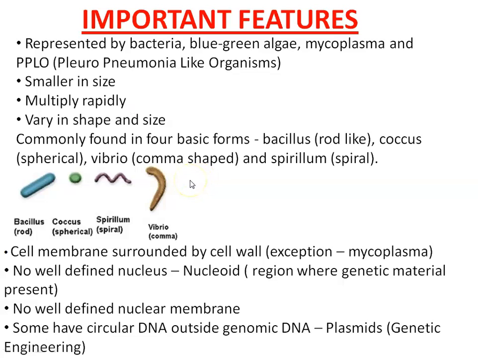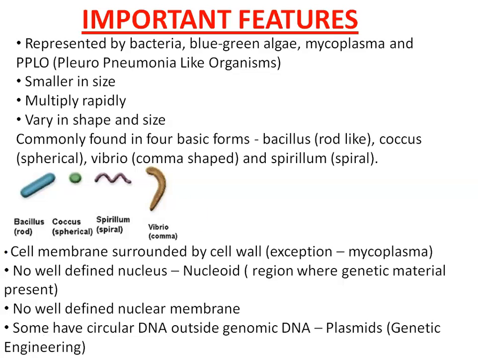Basically, if you see any bacteria, the four basic forms in which bacteria are found are bacillus, that is rod shaped; coccus, that is spherical in nature; spirillum, the word itself says it is spiral; and vibrio, which is comma shaped. So these are the four basic forms in which prokaryotic cells exist.